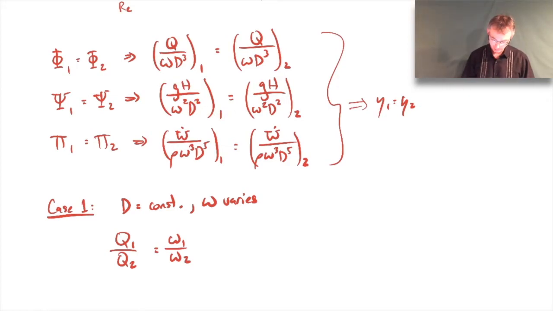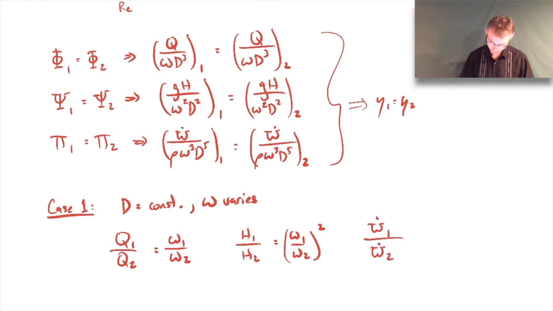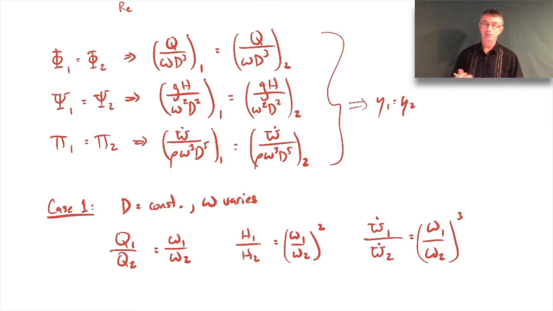And again, the D's are the same, so those disappear. So then you'll have H1 over H2 is omega 1 over omega 2, that whole thing squared. And then for the power terms, you'll have power 1 over power 2 is equal to omega 1 over omega 2, that whole thing cubed. And here, I'm assuming that the densities are the same. It's the same fluid that you're pumping. You're only changing the rotational speed of the pump.